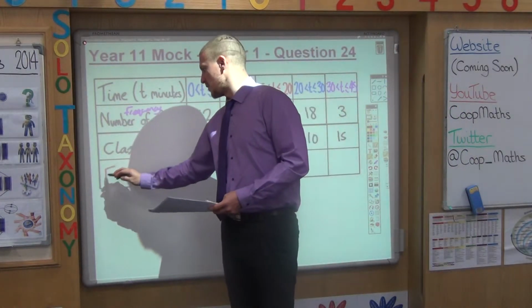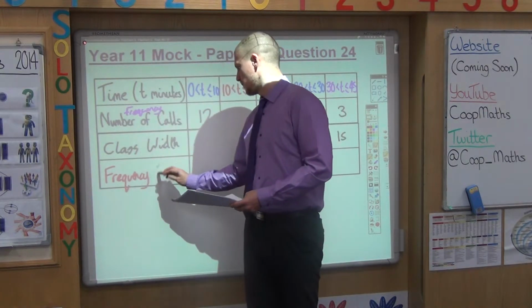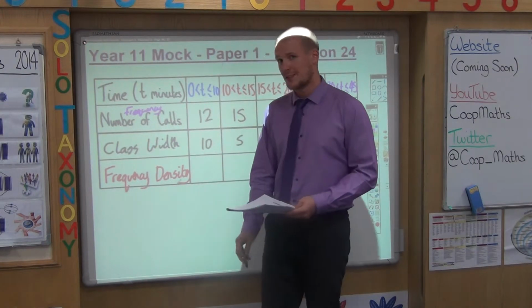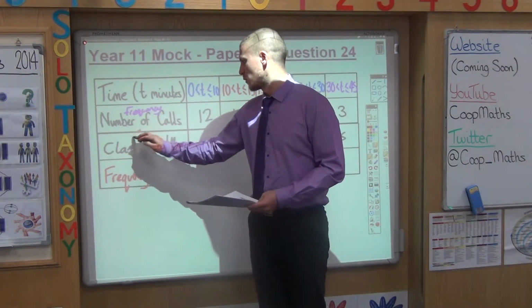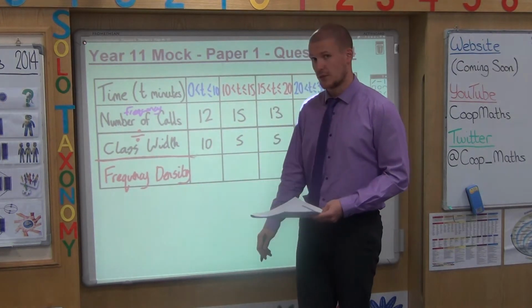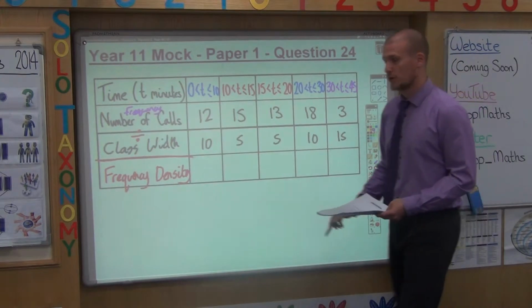In order to get this thing called frequency density, you take your frequencies and you divide them by your class width. So the number of calls divided by the class width is going to give us frequency density. 12 divided by 10, 15 divided by 5, and so on and so forth.